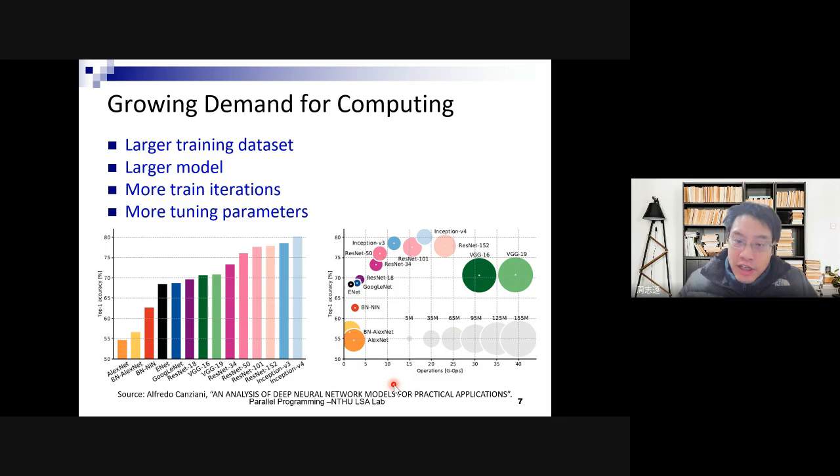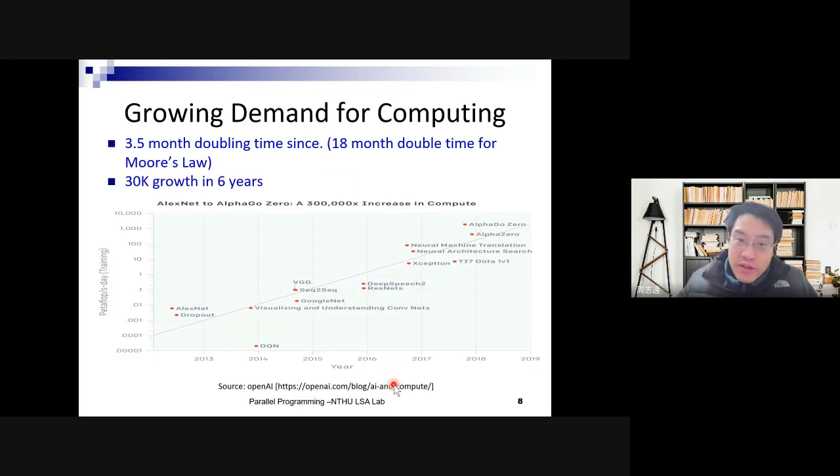So you can imagine the demand of computing for deep learning actually grows at a very rapid pace. As a matter of fact, a survey from the very famous AI lab OpenAI shows that the growth rate of computing demand from deep learning actually grows even faster than Moore's law.